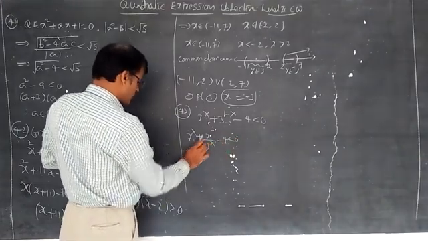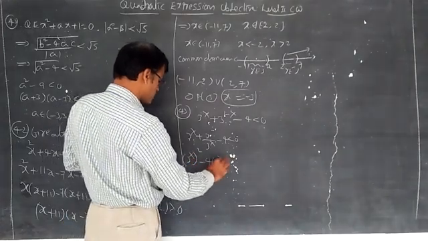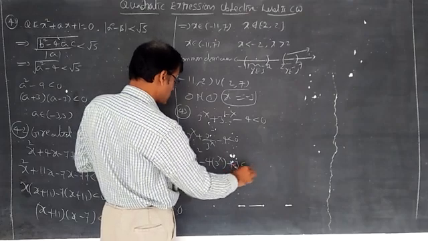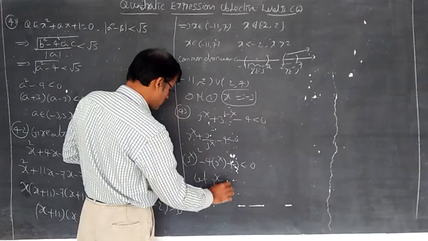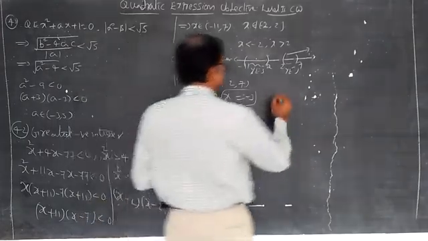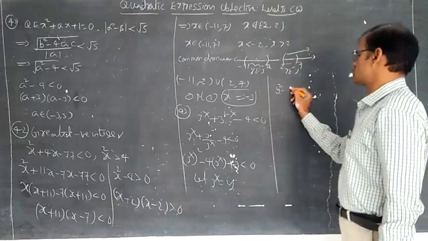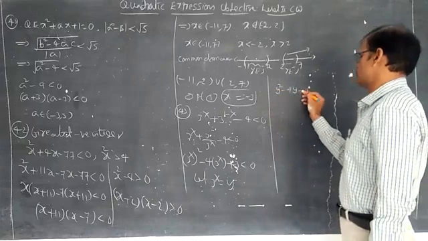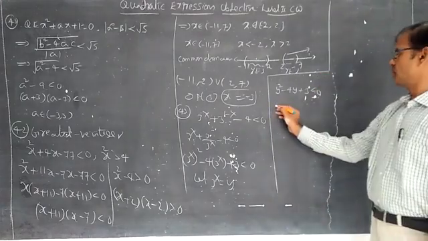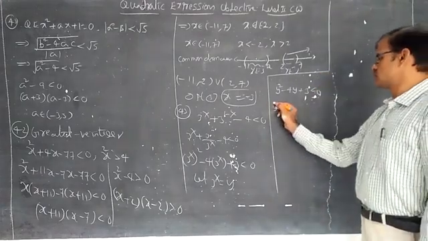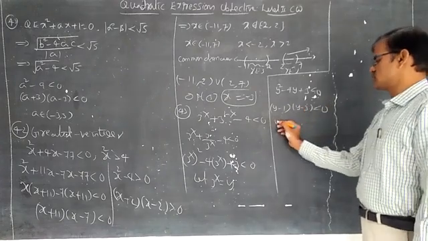You can write 3 power x whole square minus 4 into 3 power x plus 3 less than 0. Let 3 power x is equal to y. So y square minus 4y plus 3 less than 0, which we can write as y minus 1 into y minus 3 less than 0.